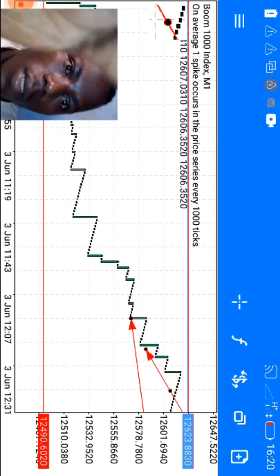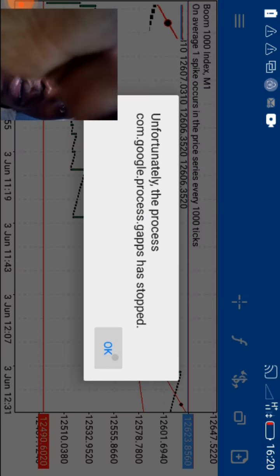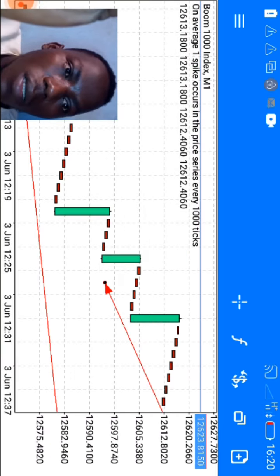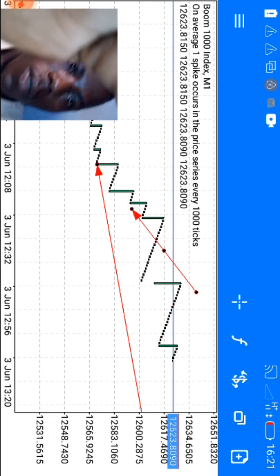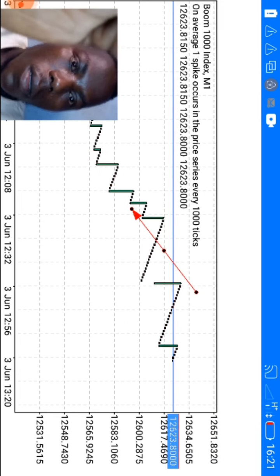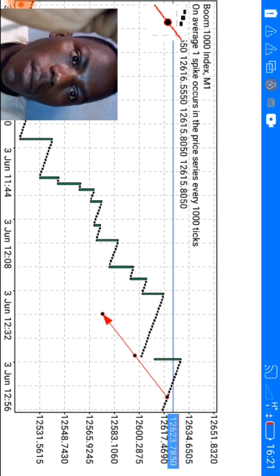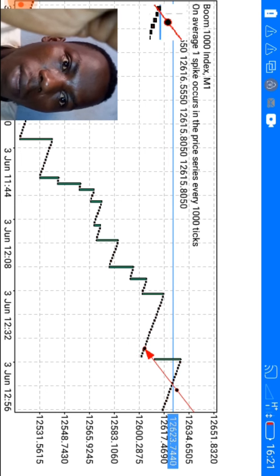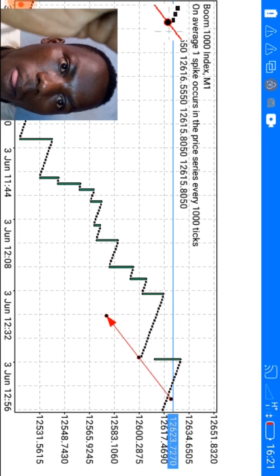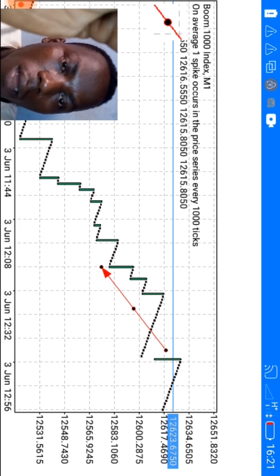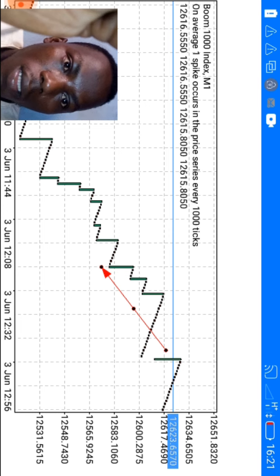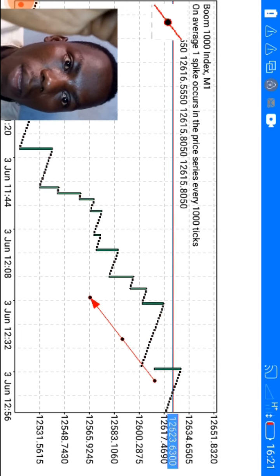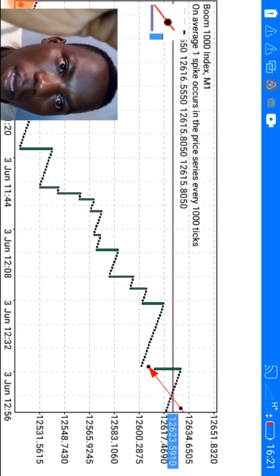Assuming you had missed that one, again you'd wait for the price to verify a certain area. Okay, so we missed that one. Now we see the price going up, not verifying yet.